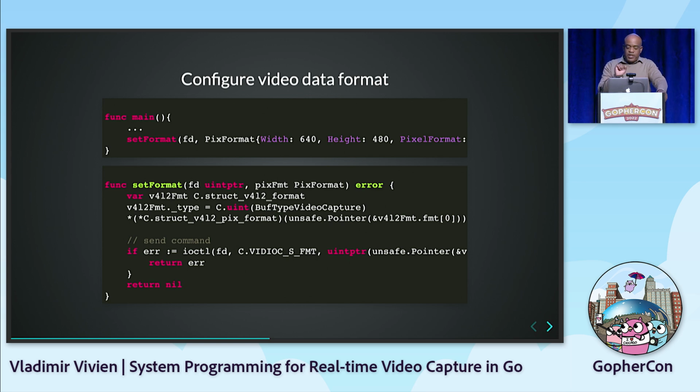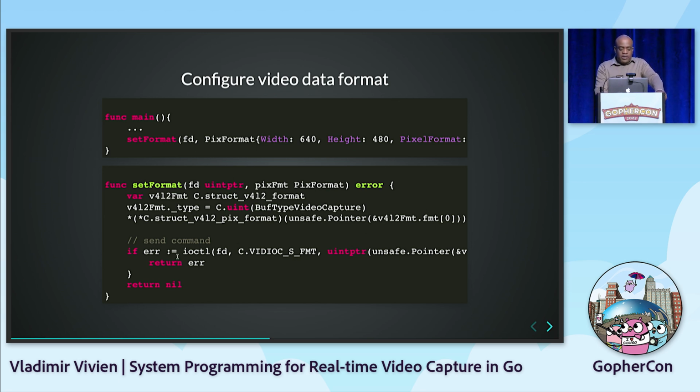The first thing we do is set the video format. Well, how do you do that? So here we get to see what really goes on to make the call work. We declare a type generated by syscall for us. We fill that type with the parameters that we want to send to the driver.